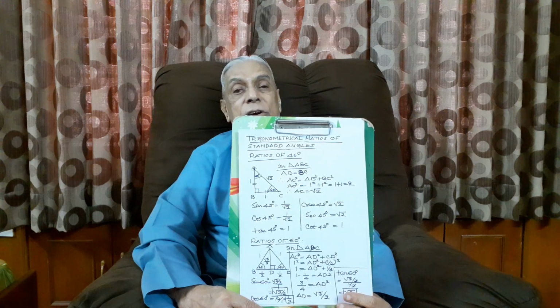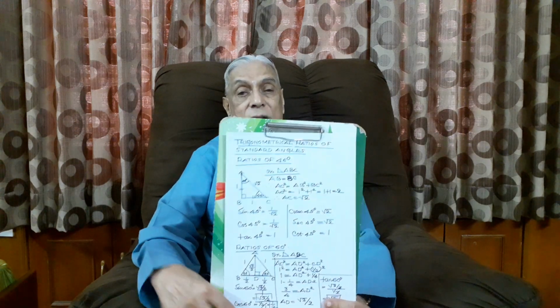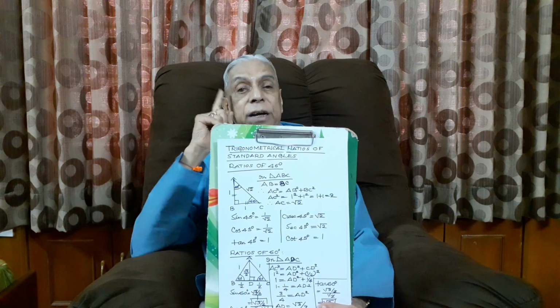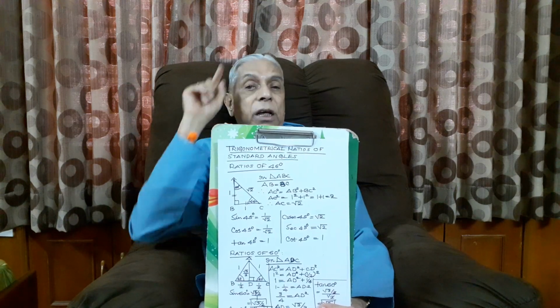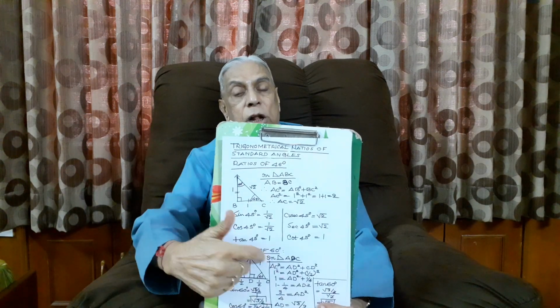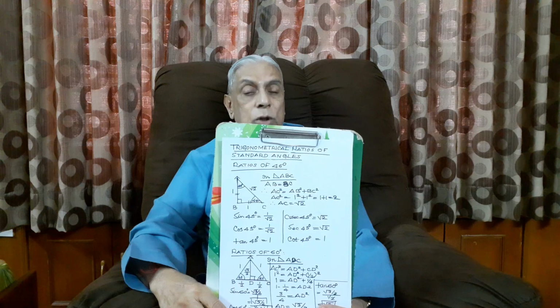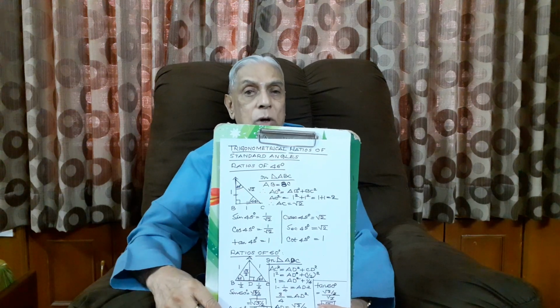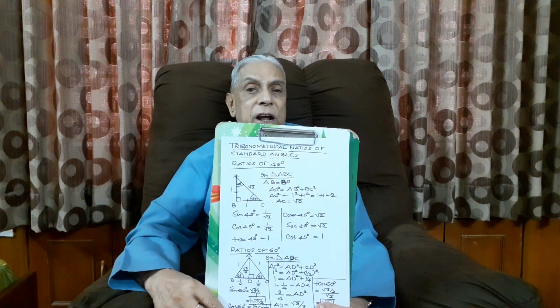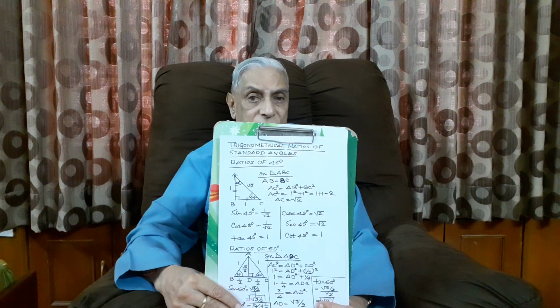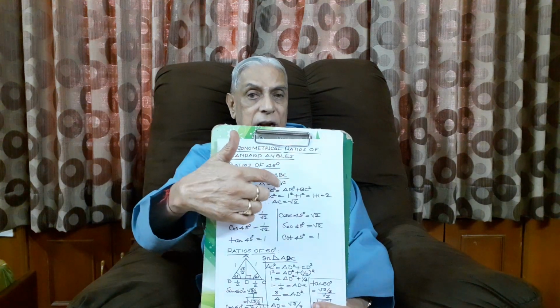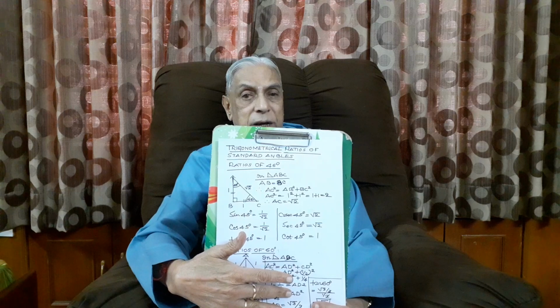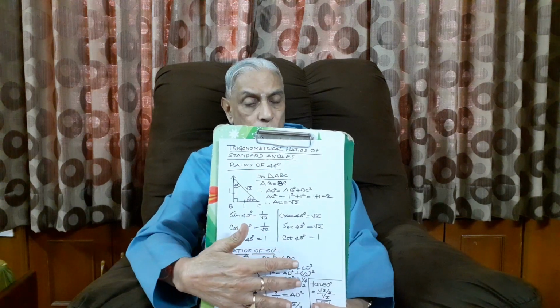In an equilateral triangle or isosceles triangle, if you drop a perpendicular, it always bisects not only the vertical angle, it also bisects the base. That is the property. It bisects the base and divides the base into two equal parts.